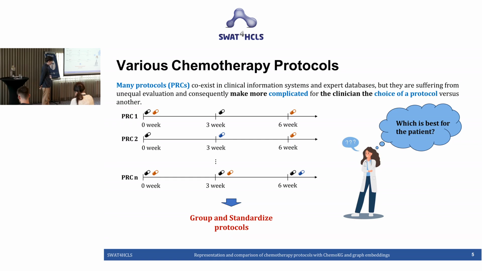So basically, what we are trying to do is group these protocols and maybe try to standardize them. Especially, as far as I know, each hospital uses different protocols, so that's another combination of chemotherapy protocols.